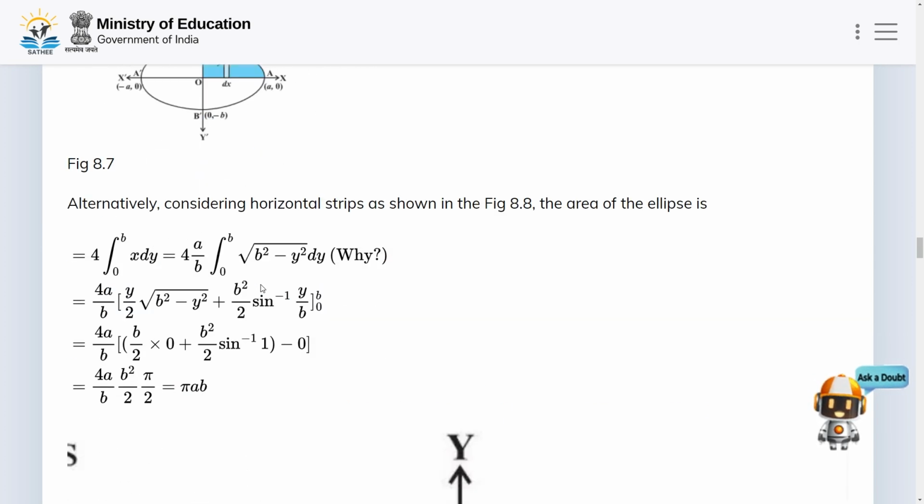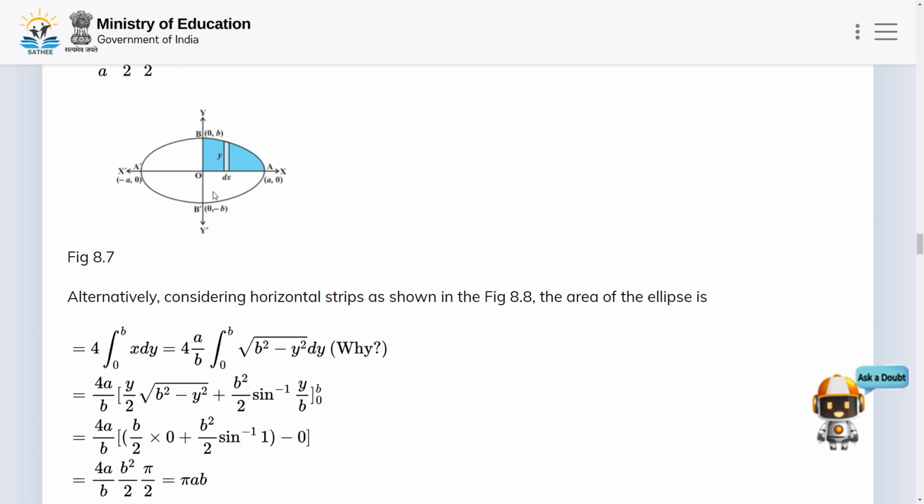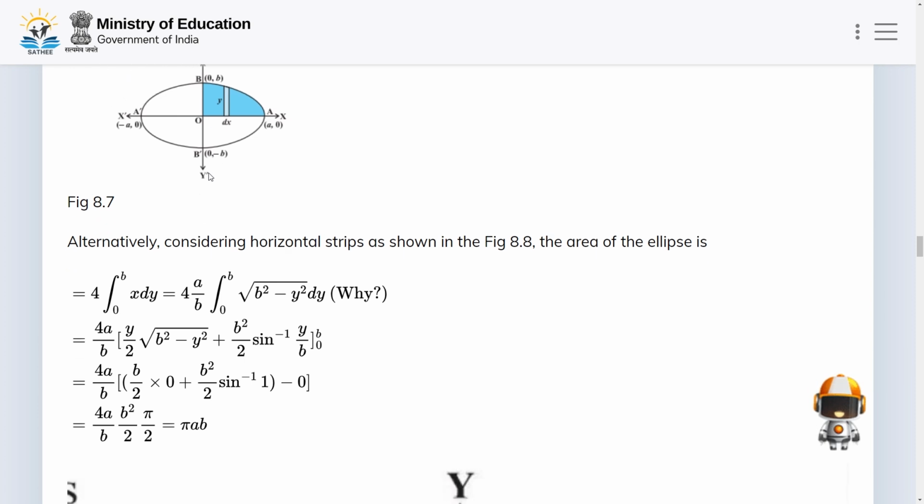Now the second approach, by horizontal strip. The only difference is that the limits will change. As you can see, on the y-axis, when you move from down to up, you will go from 0 to b.